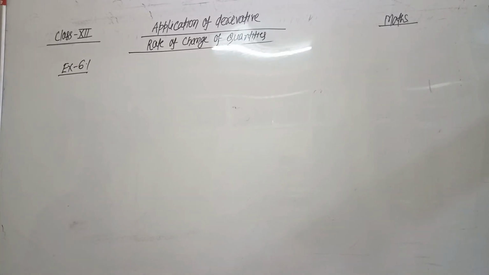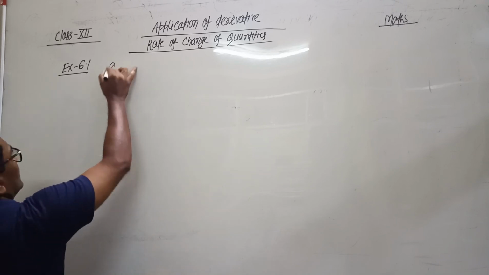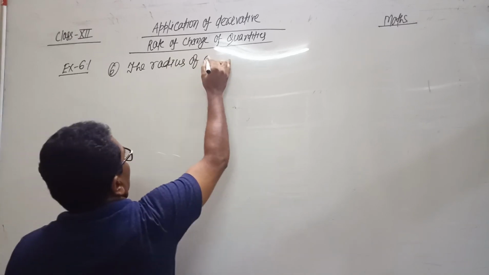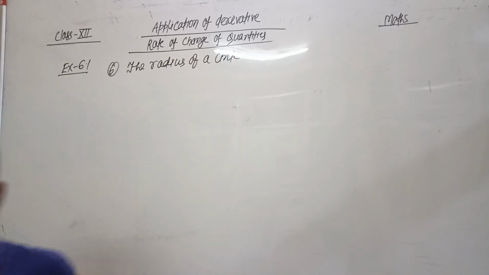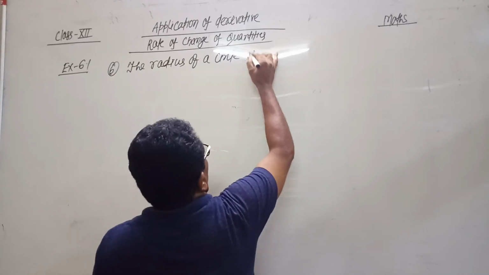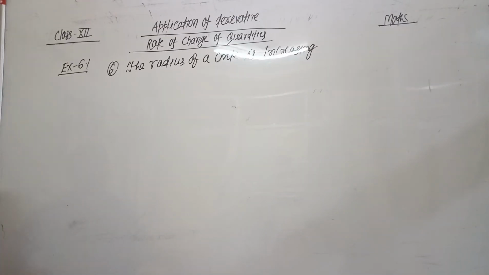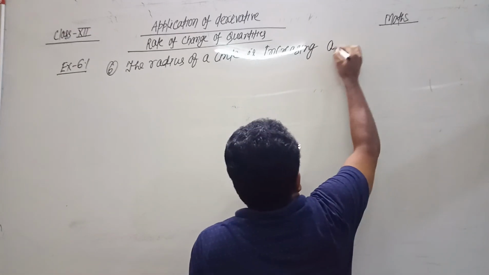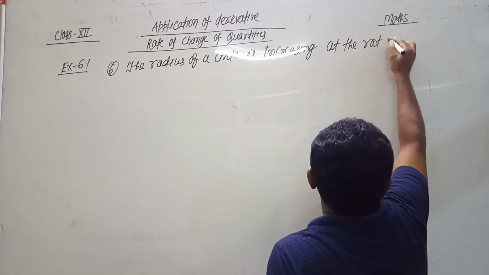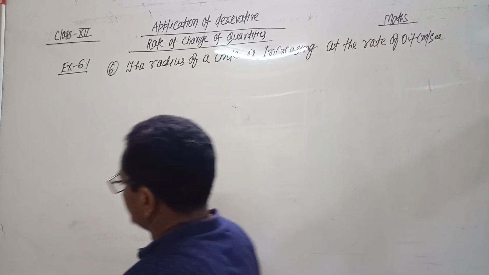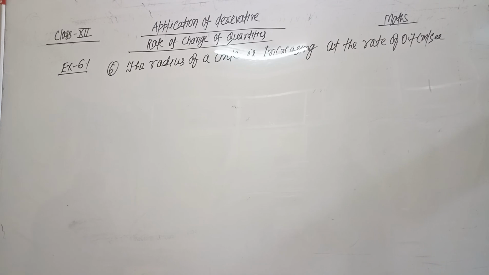Question number 6. The radius of a circle is increasing at the rate of 0.7 centimeter per second.